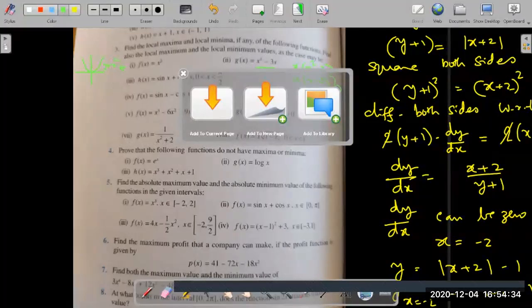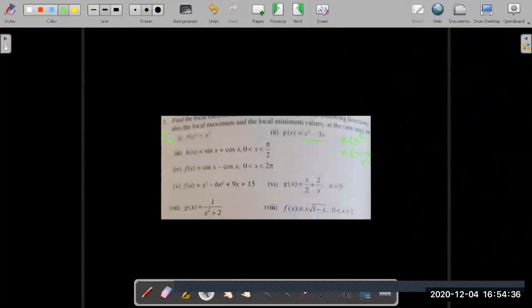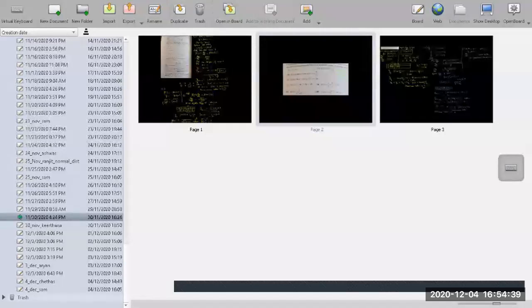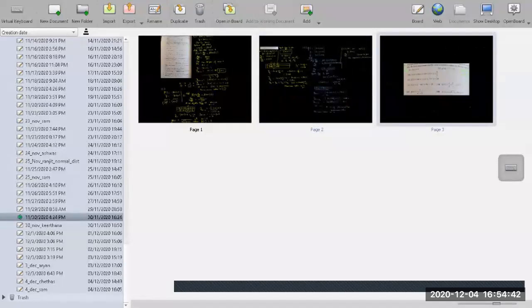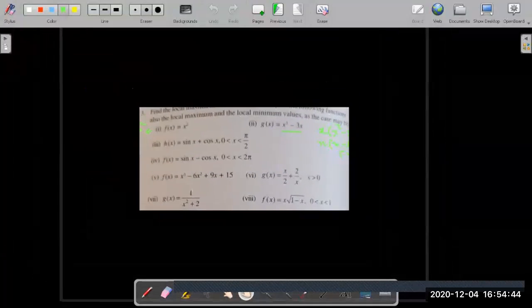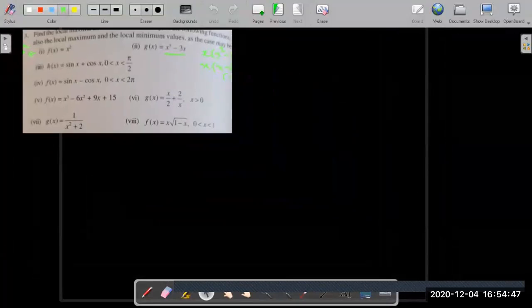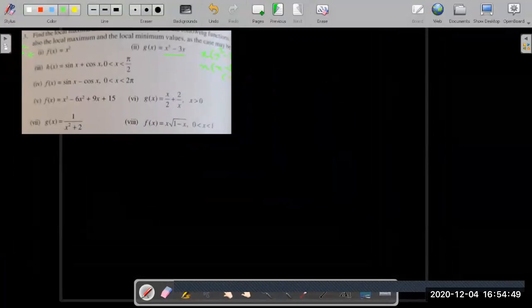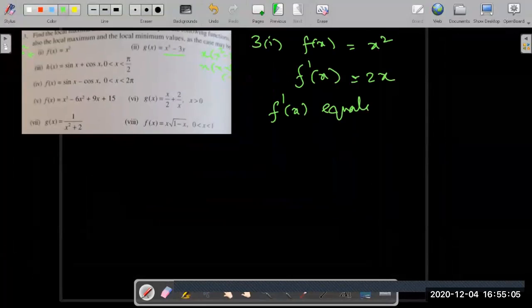Okay, so we will take this page here and this here. 3 1. f of x equals x squared, and so I'll write f dash x equal to 2x. So f dash x equate to 0, that means 2x equal to 0, that means x equal to 0.